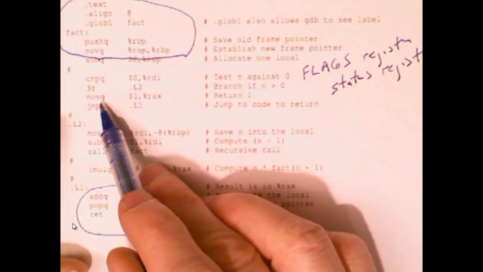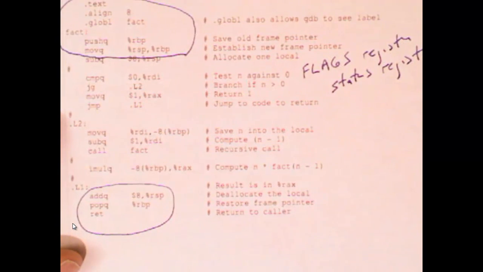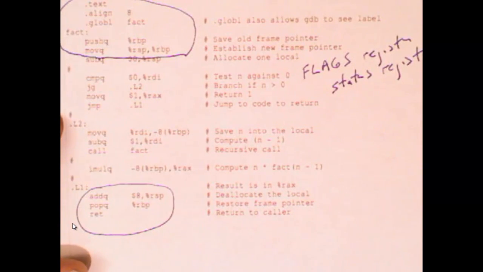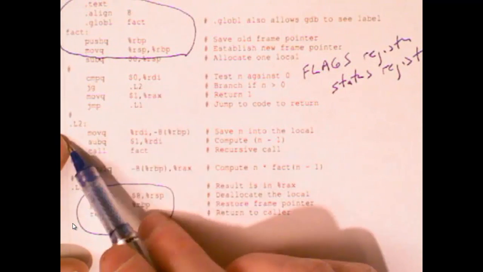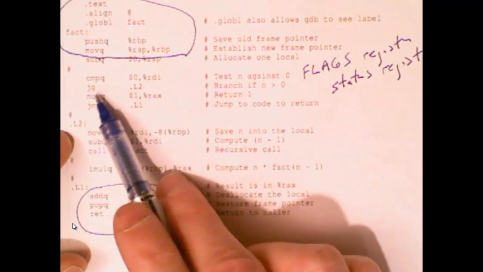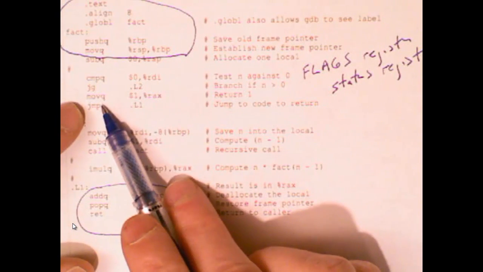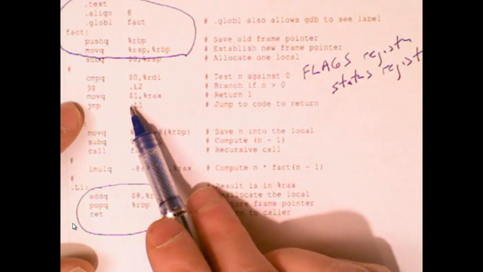And then the following instruction, which is jump greater than, tests the appropriate bit in the flags register to see what the result of the compare is. So jump greater than goes to this label, .L2, which is down here. If it's not greater than 0, then it's going to fall in here, and we know the answer now. We don't need to recurse.